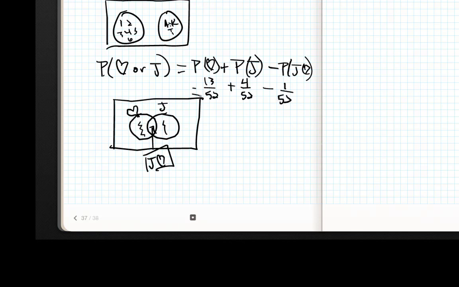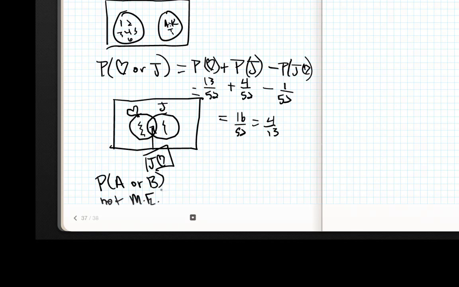All right, so stew on that for just a second. So what's that? That's 16/52, or 4/13. In this case, a little bit less than 1/3. So what we need is a rule. Let's write my rule right down here. The probability of A or B, now in this case, we're not mutually exclusive.